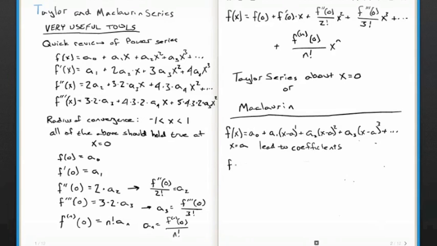And this is now a Taylor series, not a Maclaurin series. f of x would equal f of a.